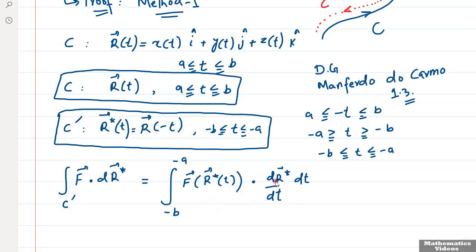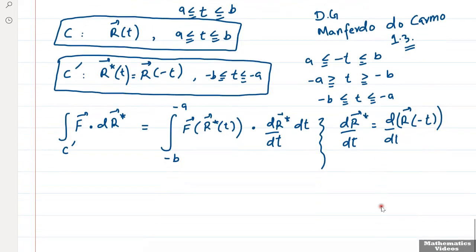Now we will calculate the derivative of r star with respect to t, and for this we will use a little bit of calculus. dr star by dt is equal to the derivative with respect to t of r star, and r star is equal to r of minus t. So this is the derivative with respect to t of r of minus t.